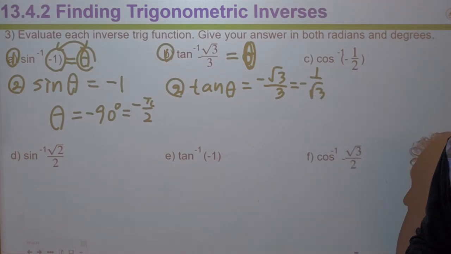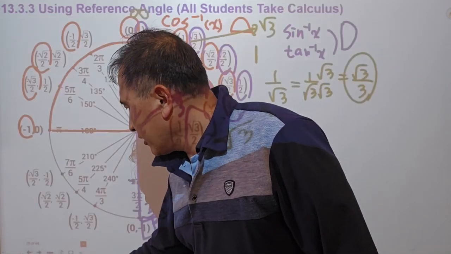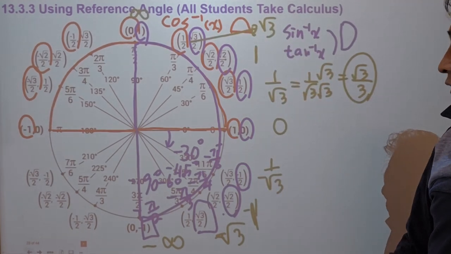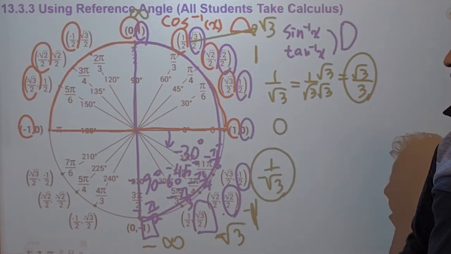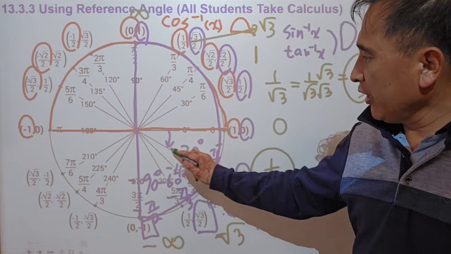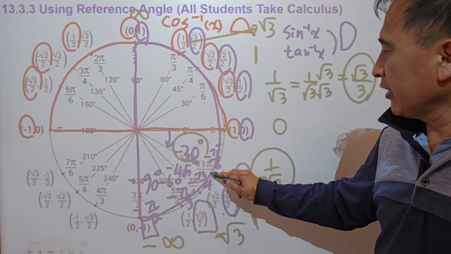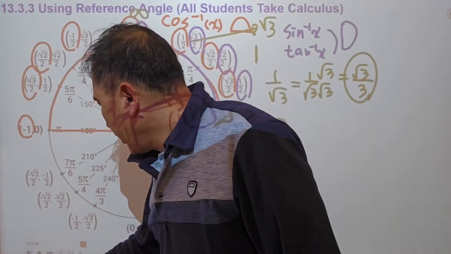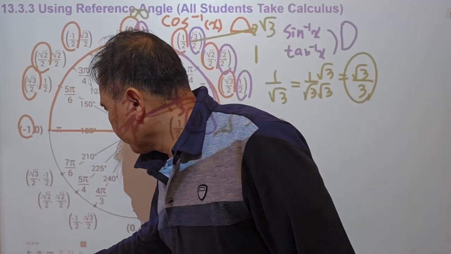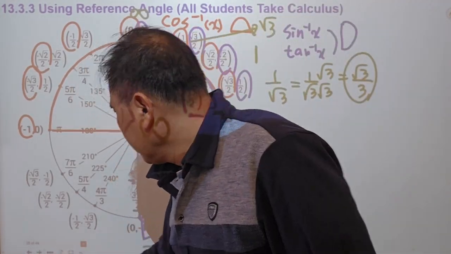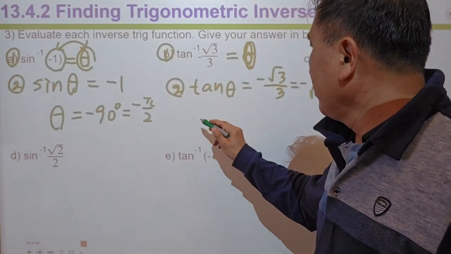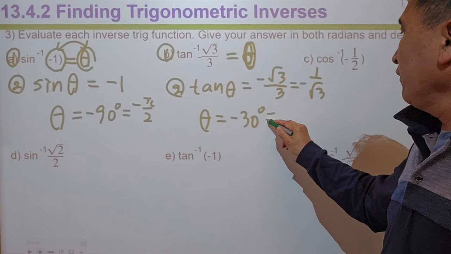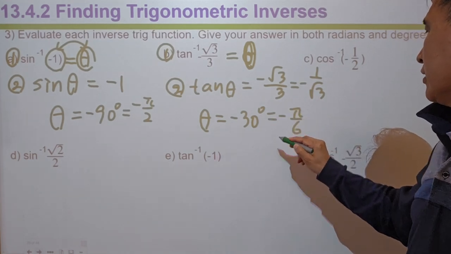Let's go to the tangent, which I wrote outside in green here: 1 over root 3 right here, that's the first angle, 30. At that time, the angle is negative pi over 6 or negative 30. So theta is negative 30 degrees, or negative pi over 6.